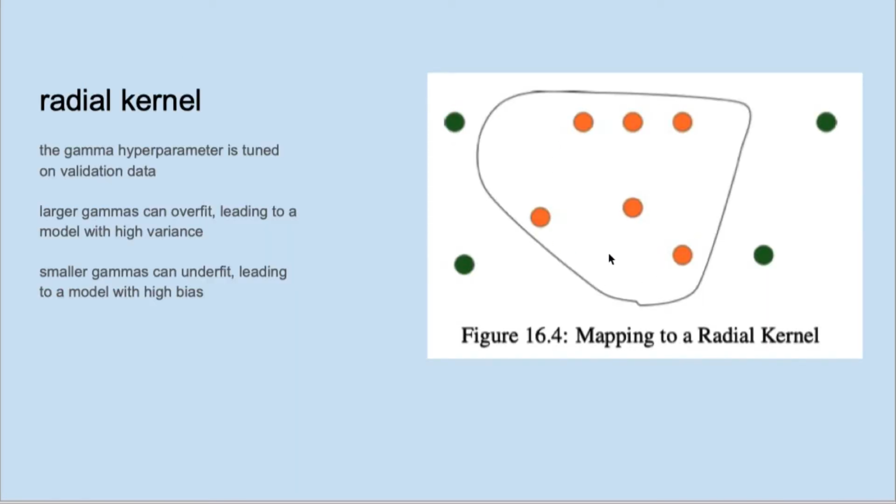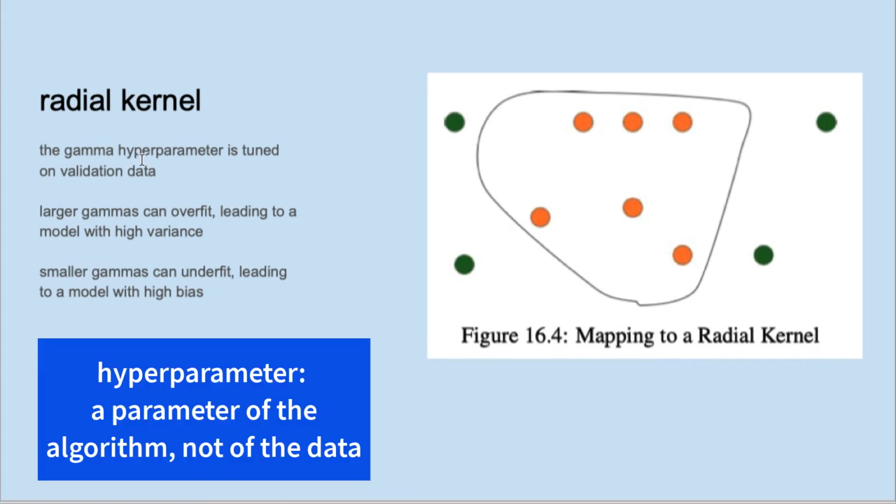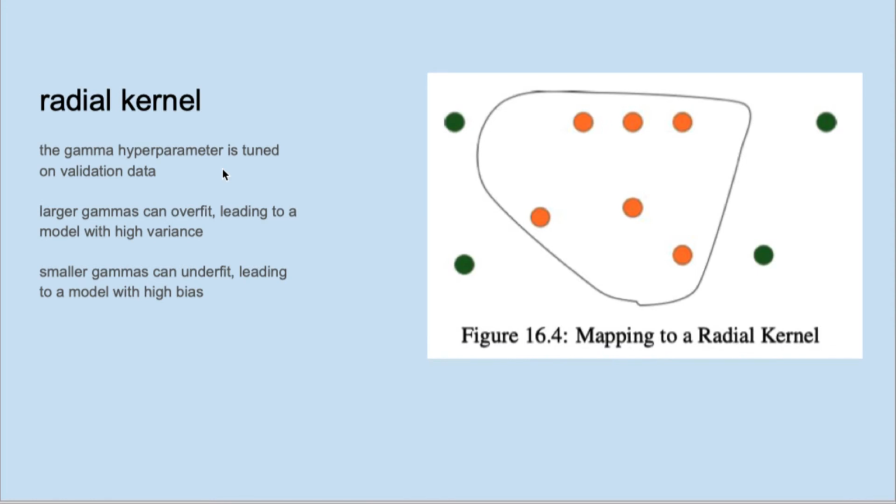In this case, we'll have an additional hyperparameter of gamma, which is going to be tuned on the validation data. Larger gammas can overfit, leading to a model with high variance, and smaller gammas can underfit, leading to a model with high bias. The term hyperparameter is used to refer to a parameter for the algorithm, not of the data.